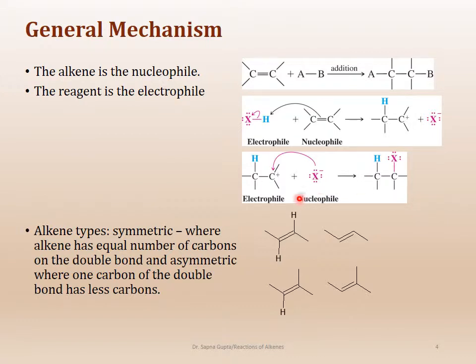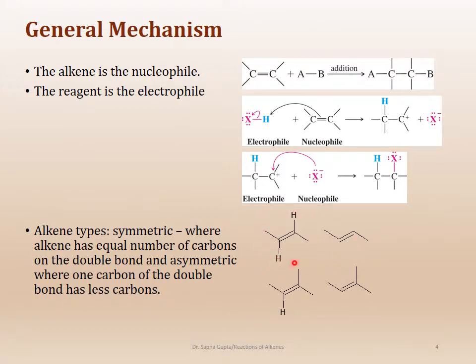So it's really all about acid-base reactions, electrophile, nucleophile, and if you want to think about it from a Lewis acid-base perspective, any one of those will work. The other thing I want to mention over here is the fact that there are two kinds of alkenes. We've talked about this before, but just a little review: there are two kinds of alkenes, symmetric alkenes and asymmetric alkenes.